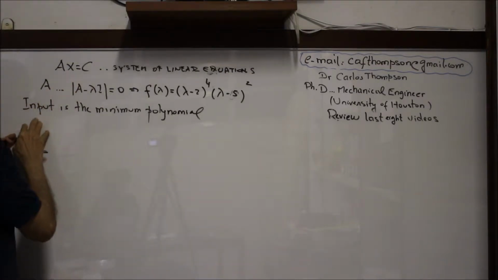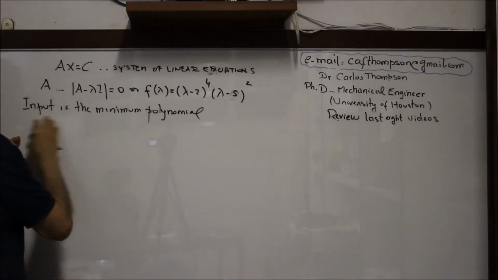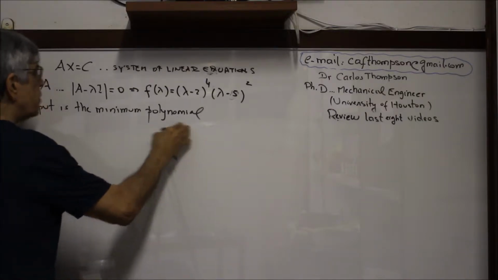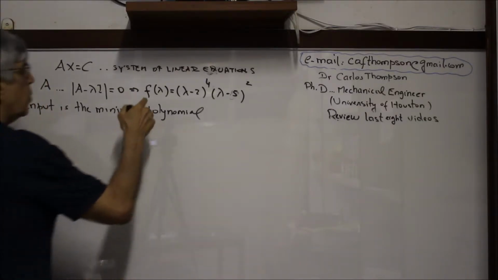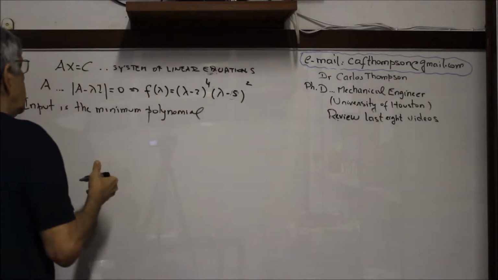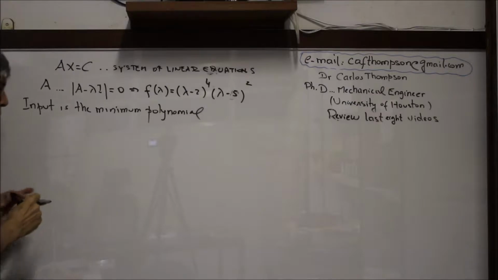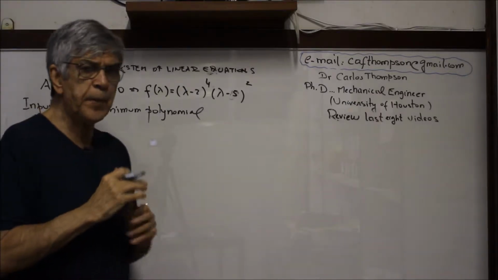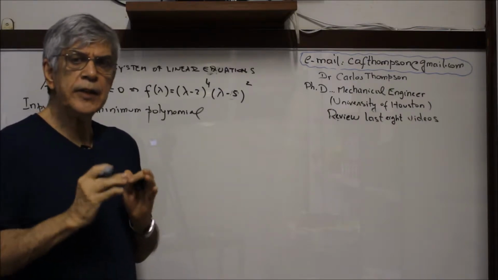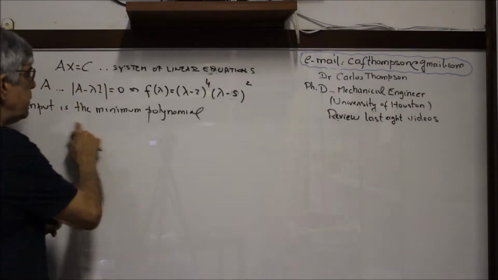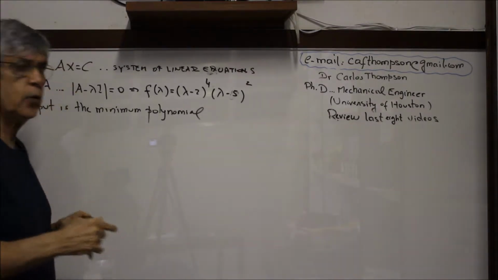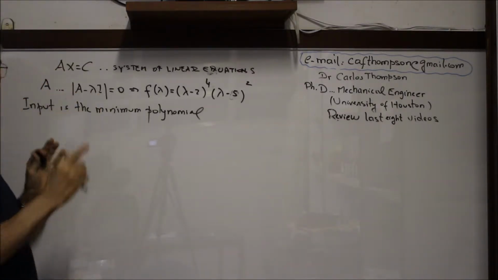You see, we have the input. What we know now is the minimum polynomial. Also, what you know is the characteristic polynomial. I would like you to remember that every time I write a minimum polynomial, this corresponds to a different matrix A.